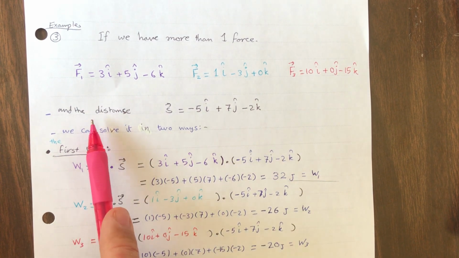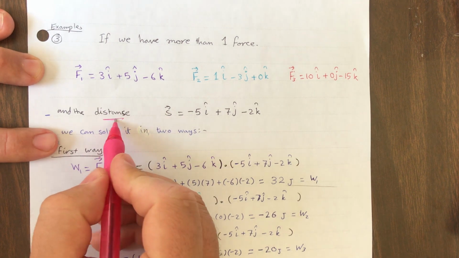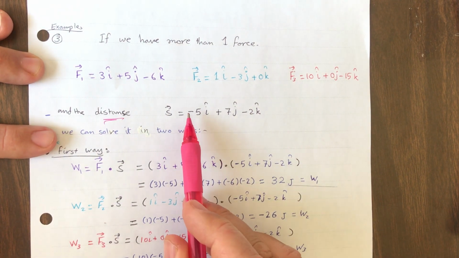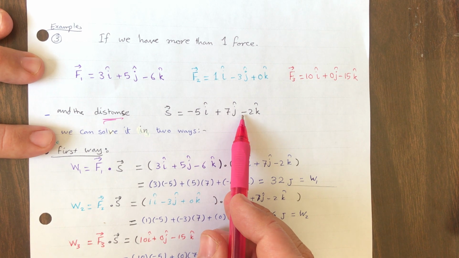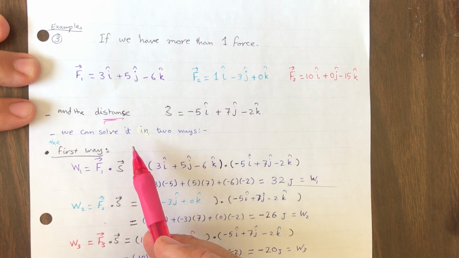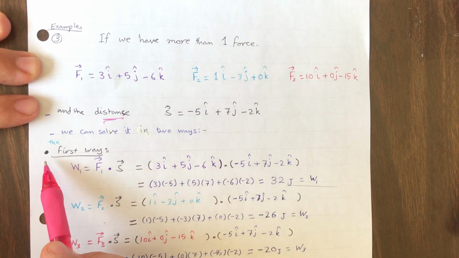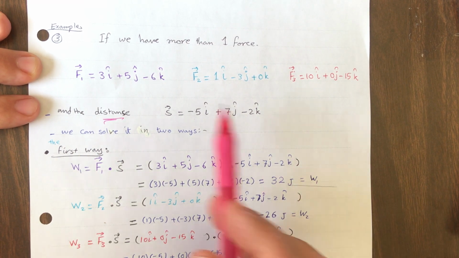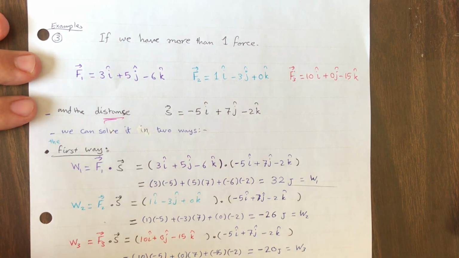And we have just one distance or displacement. This is displacement because it is a vector, which is negative 5i hat plus 7j hat minus 2k hat. We need to compute the total work because of the existence of these three forces.